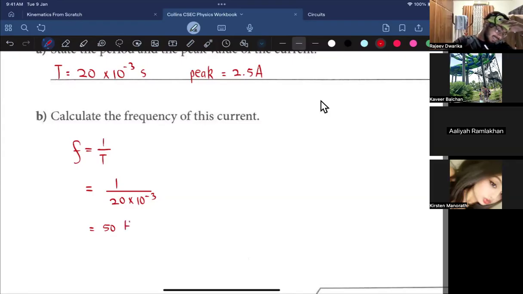Wait. Frequency is in hertz. Aliyah, do you remember what frequency means from waves? I think so. Then tell me if you remember.